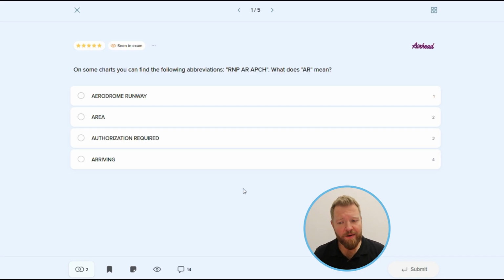While the RNP AR approach may require an accuracy of less than plus minus 0.1 nautical mile in any segment of the approach. So, the correct answer here is answer number 3, authorization required.